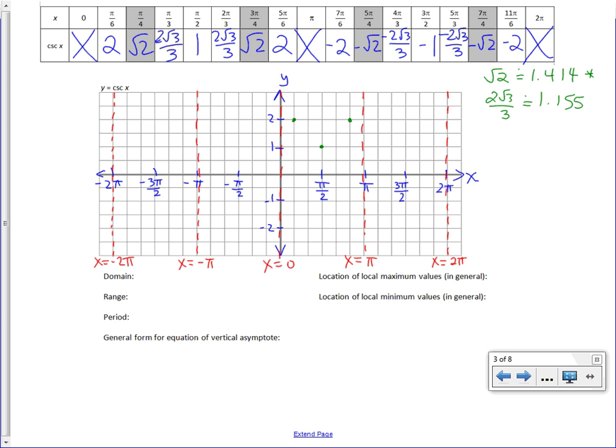Those 2 root 3 over 3's are 1.155's. Are those pretty close to 1? 1.155. Slightly above, right? So one square to the left and right of 1, I'm 1.15 up, so just barely a little bit up, like 0.1 up, so really close.